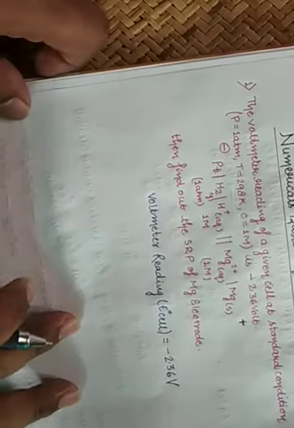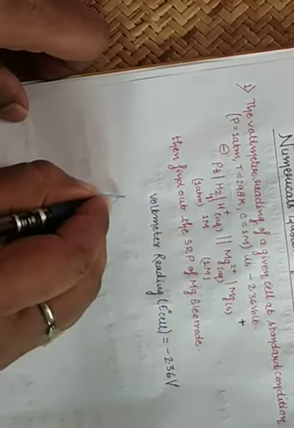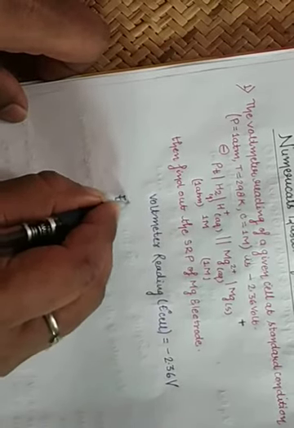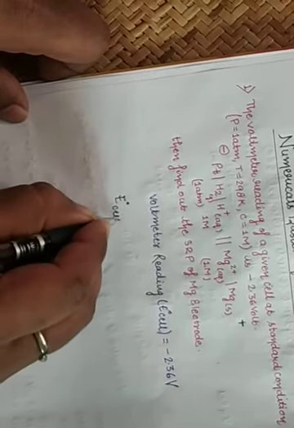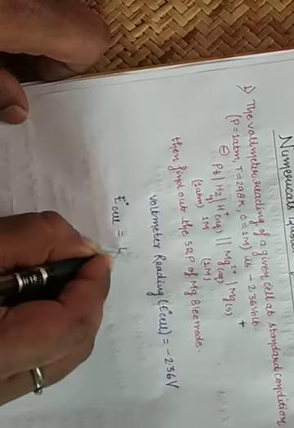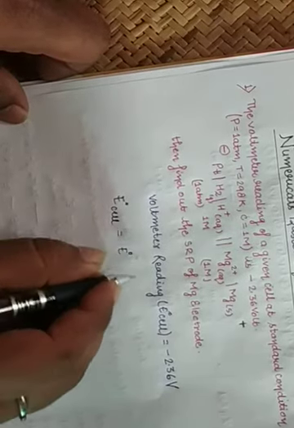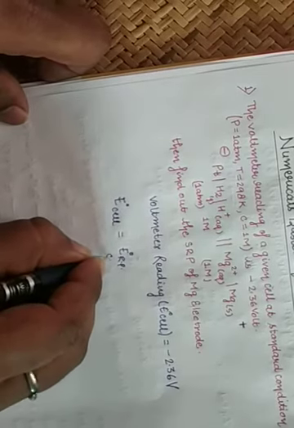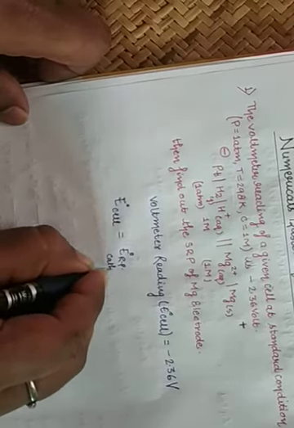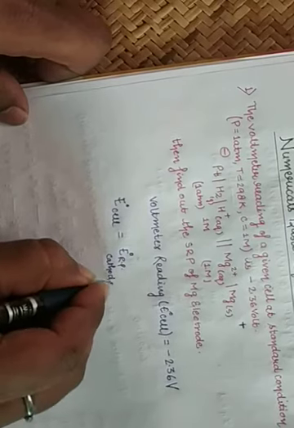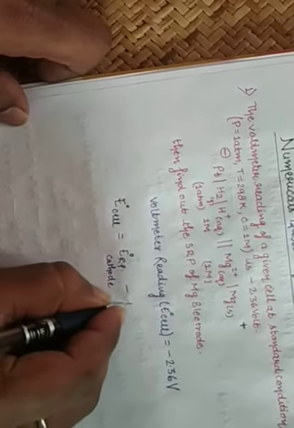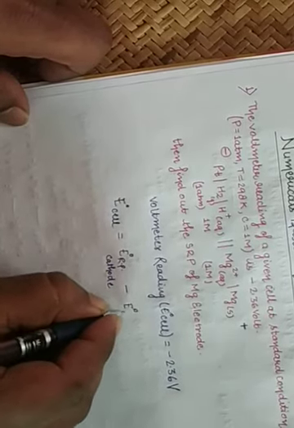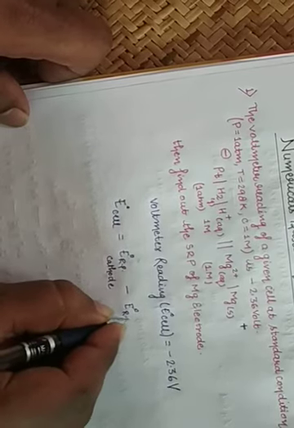Okay, now the formula is what? You know the formula. E naught cell is equal to E naught reduction potential of cathode minus E naught reduction potential of anode.